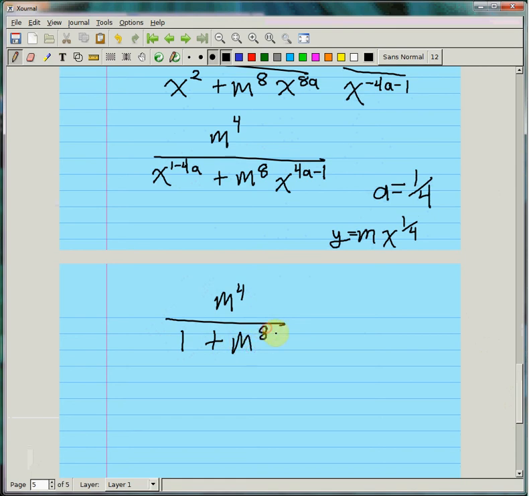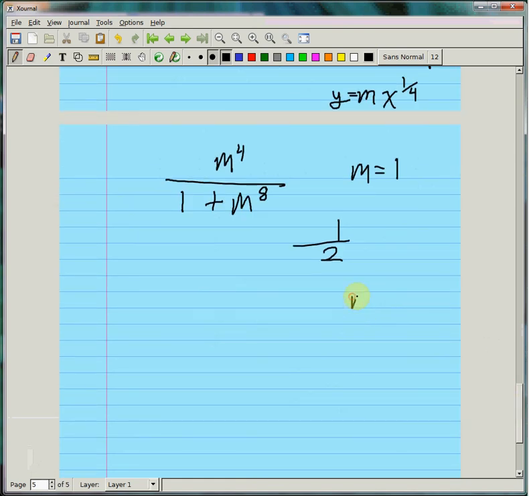So now we have an expression that doesn't have x and y in it at all, but the value depends on m. If m is equal to 1, this is equal to 1 over 2, which is 1/2, but if m is equal to 0, then this is 0.